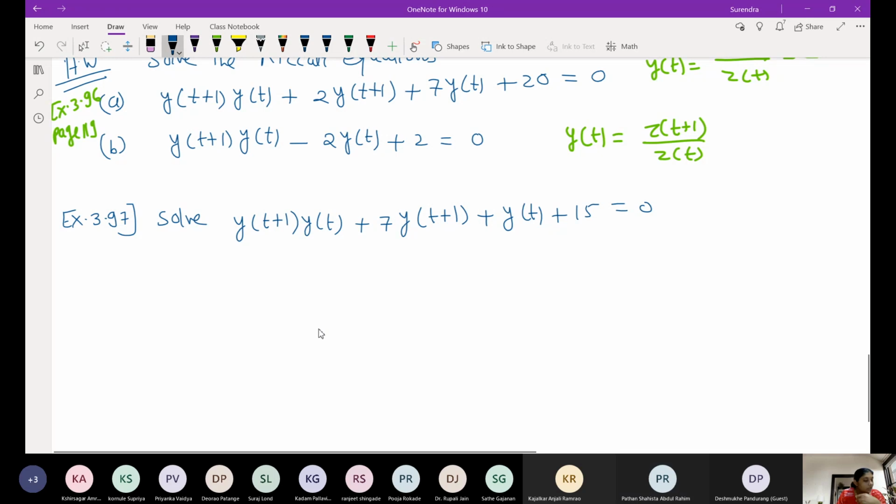So now we will see another method, another type of non-linear difference equation.